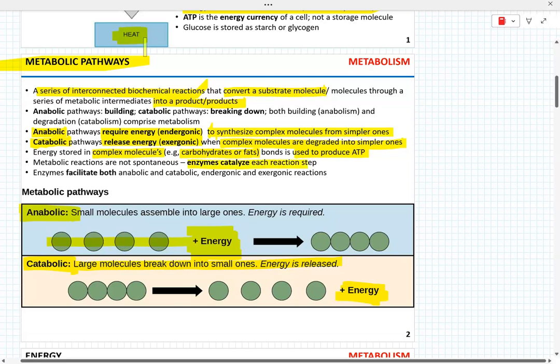They have to be catalyzed by enzymes. Essentially, every reaction in the cell is catalyzed by an enzyme. The role of enzymes is broad, and they are capable of facilitating both anabolic, endergonic, and catabolic, exergonic reactions.